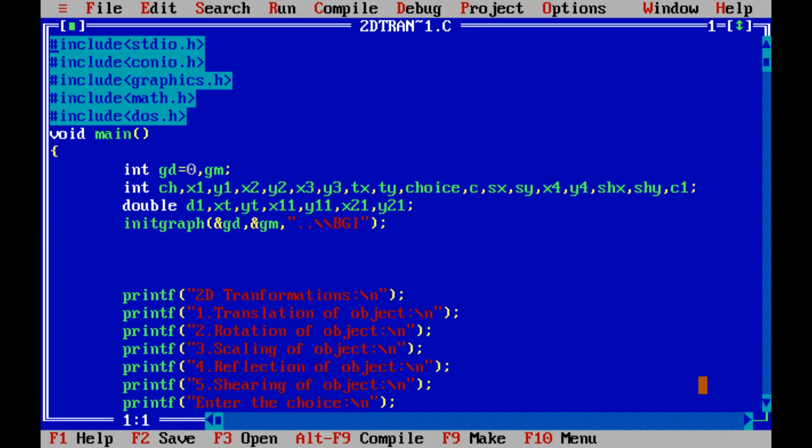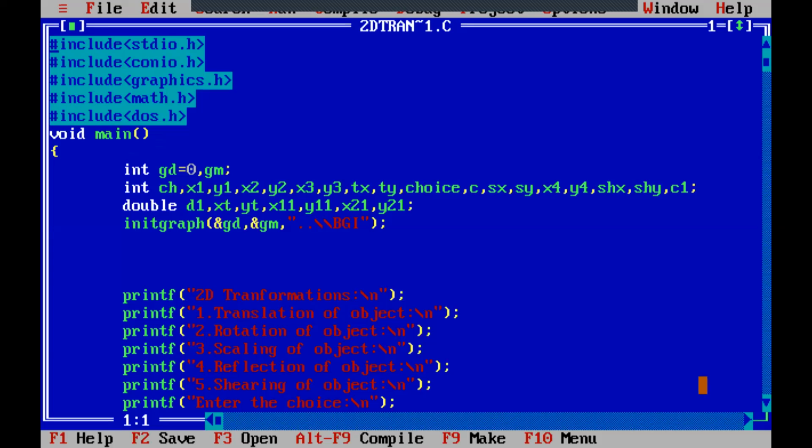In uniform scaling, the scaling factor along x is exactly equal to the scaling factor along y. So Sx and Sy are equal. Whatever change we make along the x-axis, the same change is reflected along the y-axis also. That is called uniform scaling.